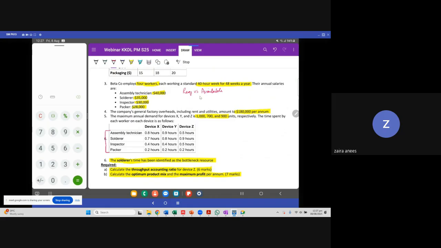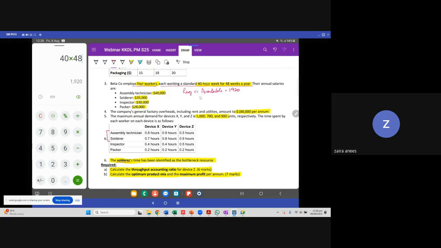In this case, the question says that there are 4 workers, each working a standard 40-hour week for 48 weeks during the year. So 40 hours per week multiplied by 48 weeks is 1,920 hours available for all, right? You just need to calculate the required. Let's try the first 2 and the rest we don't need to do.